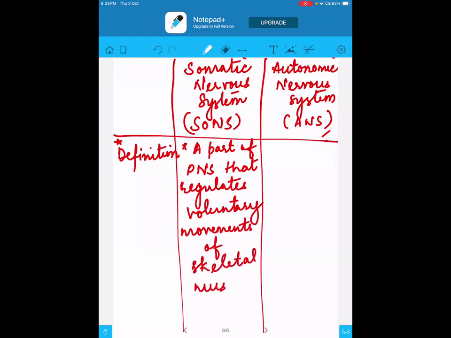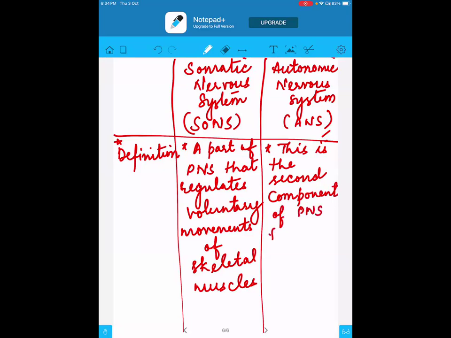Whatever voluntary movements there are for the skeletal muscles, it controls them. Whereas the autonomic nervous system is the second component of the PNS, the peripheral nervous system, that manages involuntary movement of internal organs.